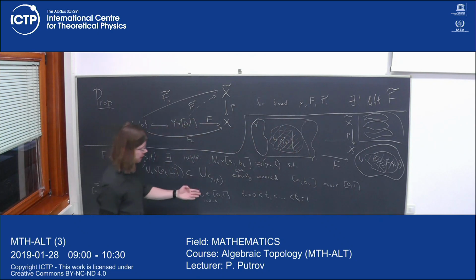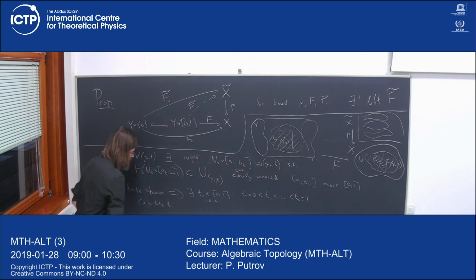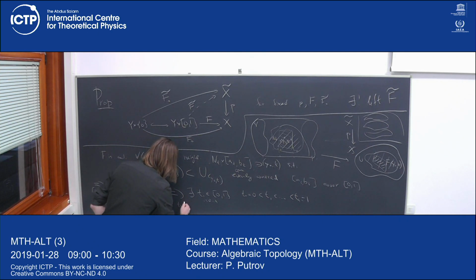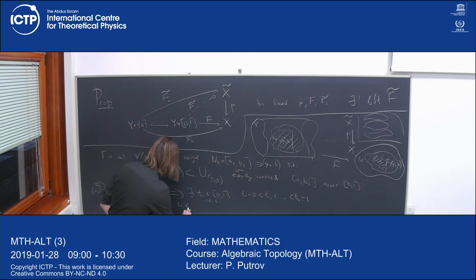So, why does it follow from this? Let me say how I choose t_i, and then I say what property we actually want. Take t_i to be endpoints of our intervals.